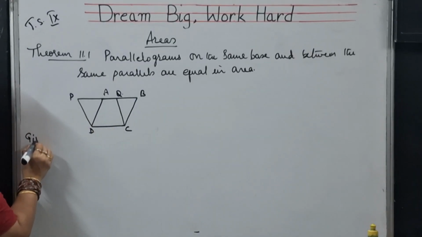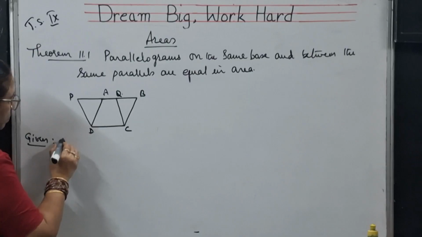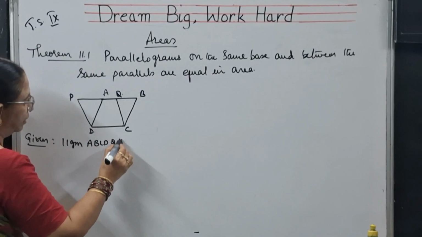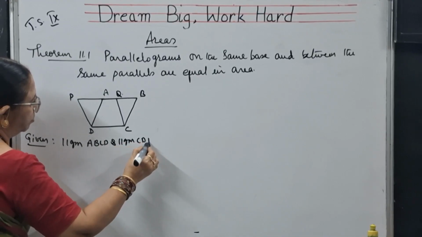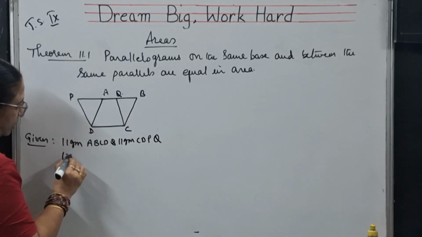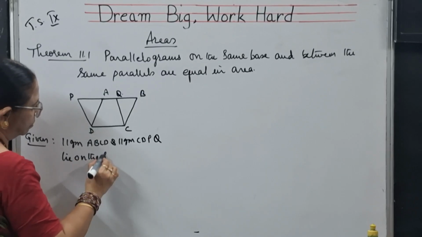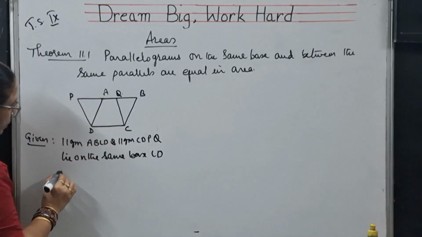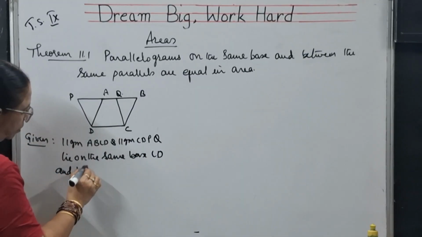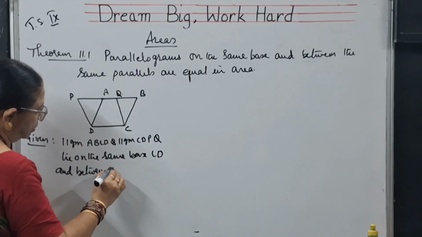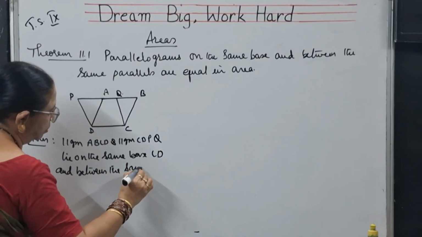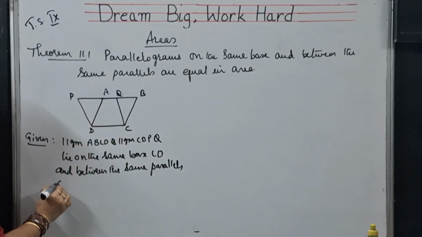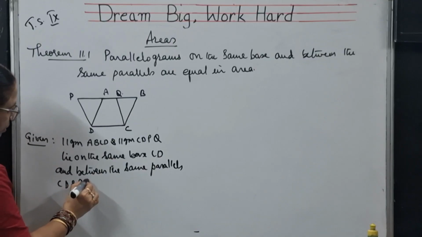So what is given to us? You have got parallelogram ABCD and parallelogram CDPQ lie on the same base CD and between the same parallels CD and BP.